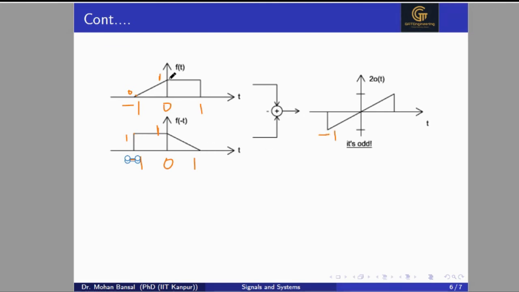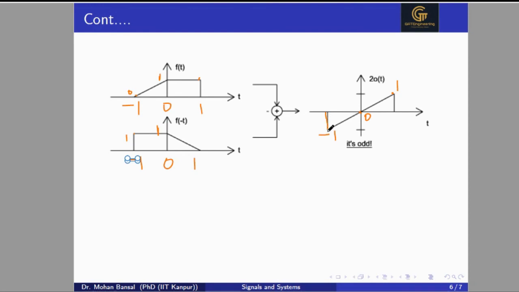Now discontinuity occurs at t equal to 0. At t equal to 0, f(t) is 1 and f(-t) is also 1. If you subtract 1 from 1, you will get 0. At t equal to 1, f(t) is 1, and f(-t) is 0. If you subtract 0 from 1, you will get 1. Now combine all of them.